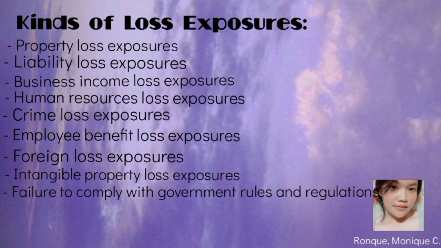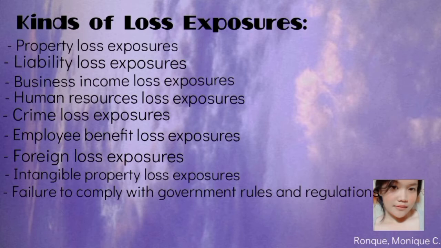Liability loss exposure is a condition that presents the possibility that a person or an organization will sustain a loss resulting from a claim made against that person or organization by someone seeking money damages or some other legal remedy.